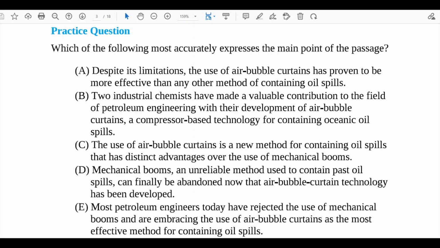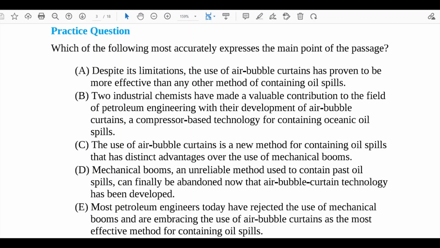C option. The use of air bubble curtains is a new method for containing oil spills that has distinct advantages over the use of mechanical booms. D option. Mechanical booms, an unreliable method used to contain past oil spills, can finally be abandoned now that air bubble curtain technology has been developed.